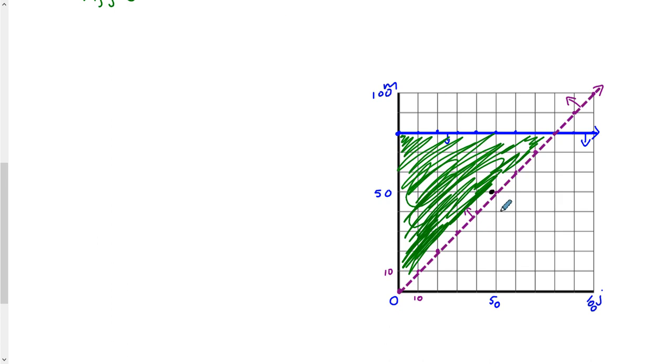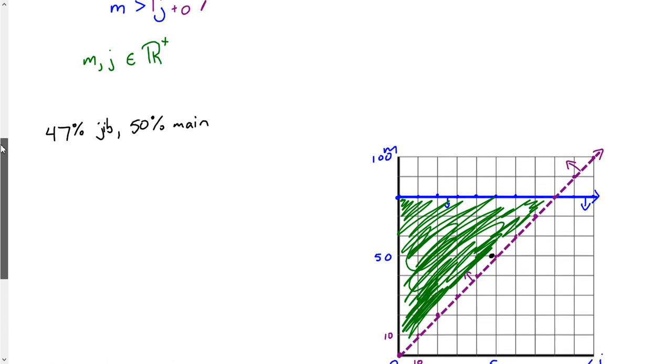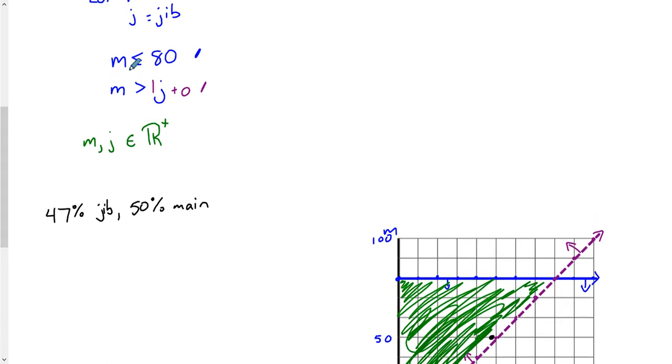So let's see, what would that be? If we rough estimate 47% jib, 50% main. Does that fit? Is 50% less than or equal to 80? Yep.